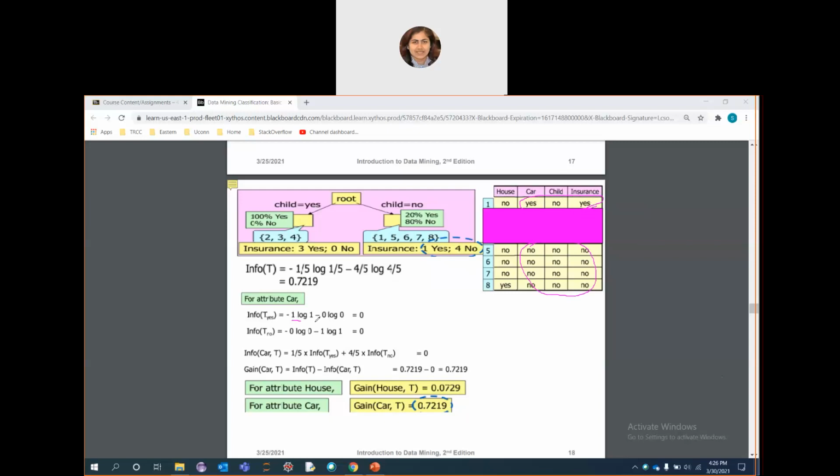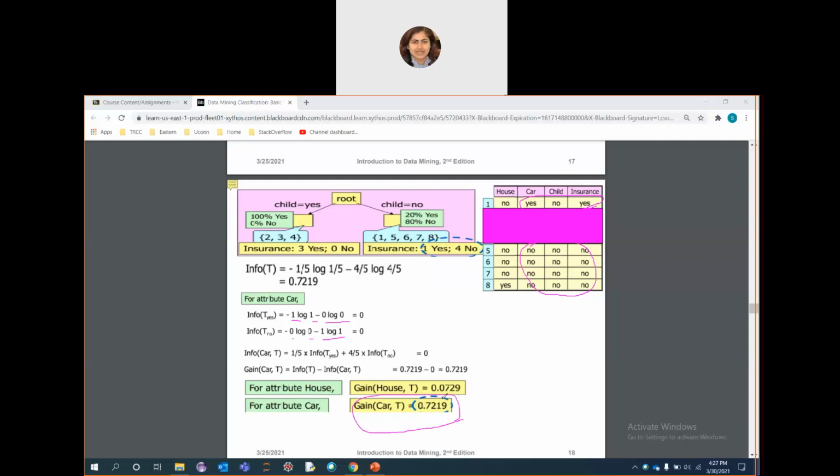So 1 1. For no, nothing is there, 0 0. For T no, all the no's are associated with all the no's of the insurance from the car. So 1 for 100% and no one of the instances of the car attribute associated with the yes. So it will be 0. Similarly, calculate the gain of the car, which is higher here in comparison to house.